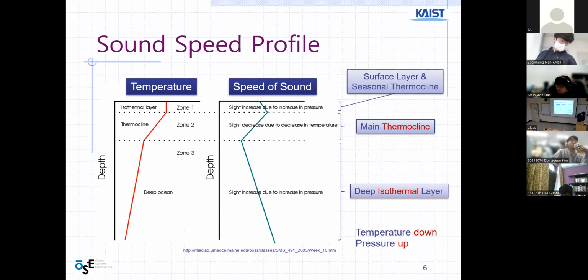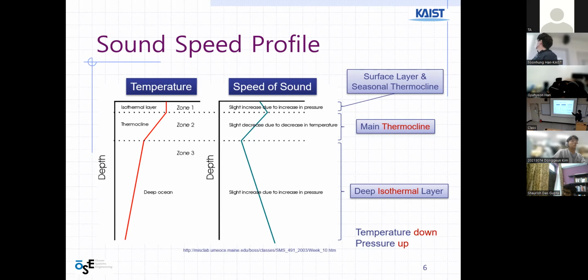Temperature change in the ocean is divided into 3 or 4 layers: the surface layer, the thermocline layer, and the deep isothermal layer. At the surface layer, wind at the surface mixes the water up and down, so temperature doesn't change.